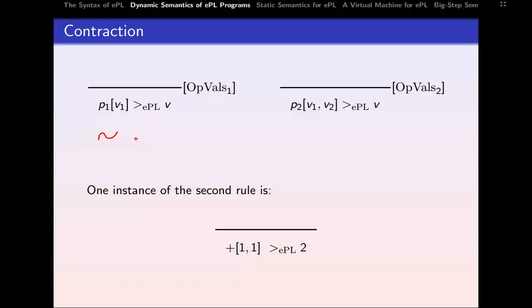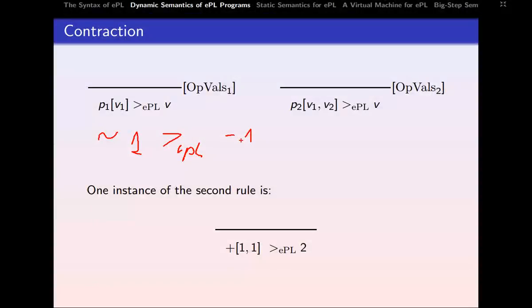So if I say here tilde 1, right, this would evaluate to -1, right? And I have to enumerate that for all numbers. And then I have to go to all the other unary operators and do the same for all the constants. Then I have to go here and do the same enumeration for V1, V2, and P2. And we have rule schemas, a very large number of them, nevertheless finite, right? Because all the data in the computer is finite. That's the contraction relation, right?